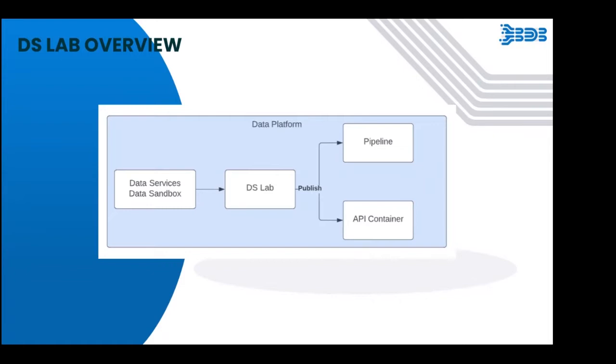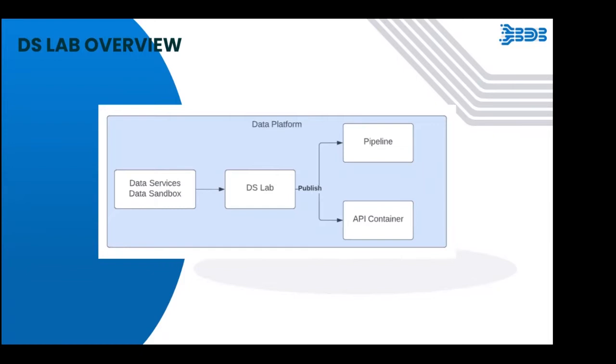As you can see, this is the schema or diagram of our data platform. We have the data ingestion component, which is the data center, which has two components, data services and data sandbox. Using data services, I can ingest data from any database. It could be Cassandra, Hive, MS SQL, MySQL, a MongoDB collection, or PostgreSQL, you name it, and we have a connector for that.